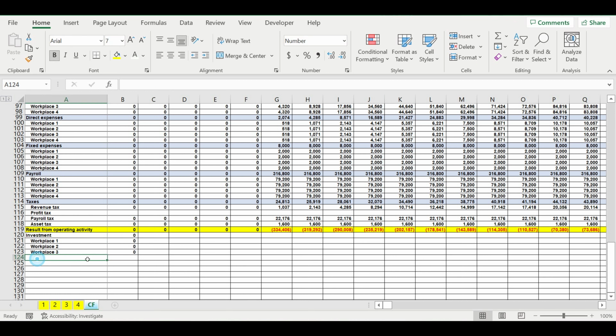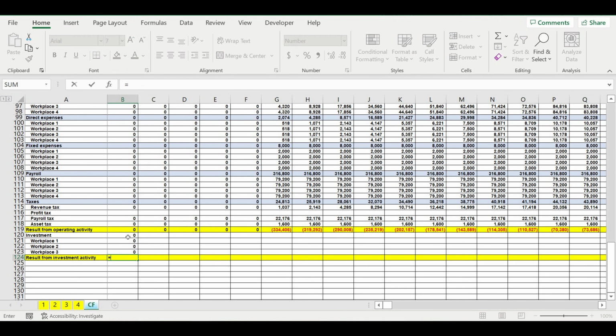Then I will have the second important line, which is the result from investment activity. I will take this value with a minus sign because it is an outflow.